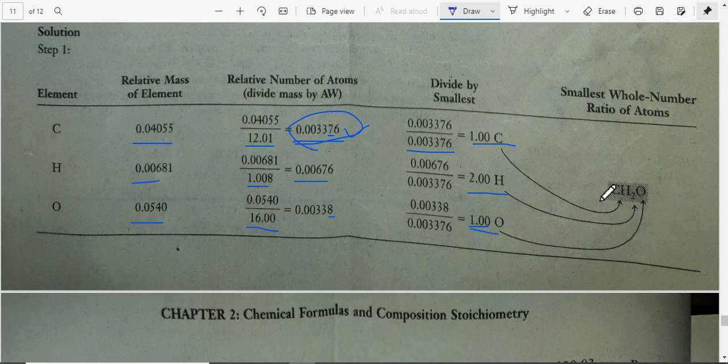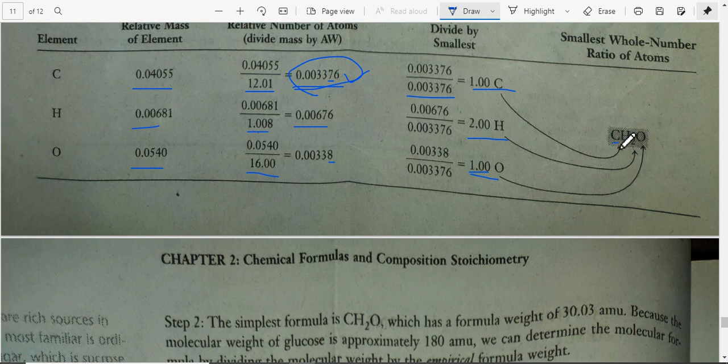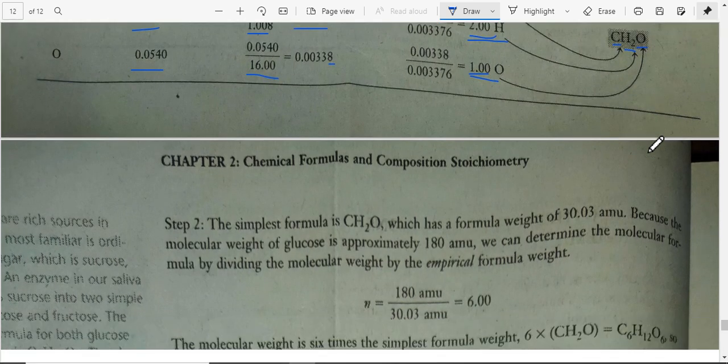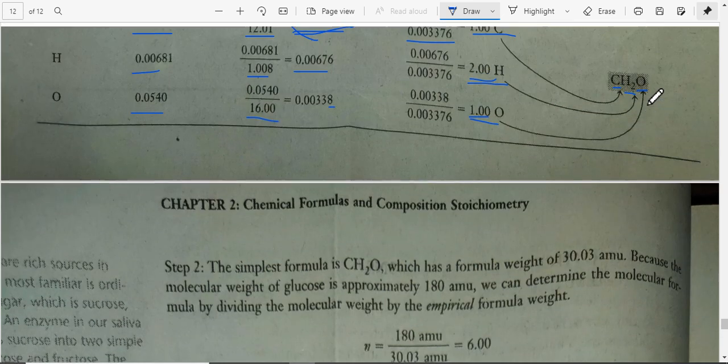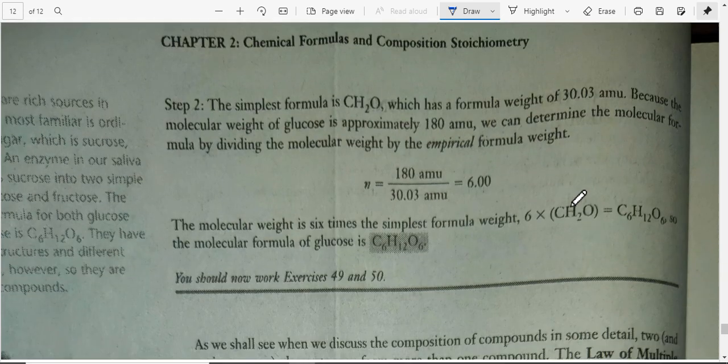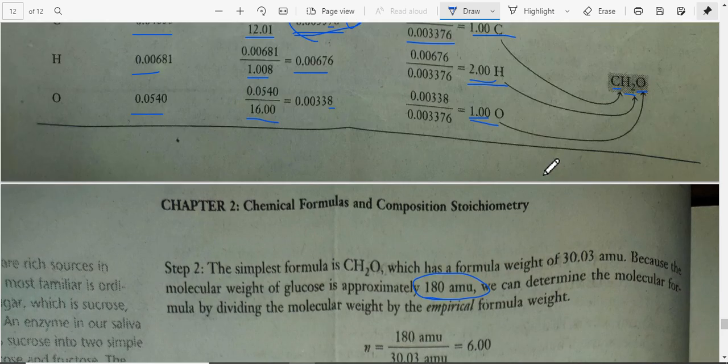Since they are all whole numbers, and you have oxygen as 1, you now know the simplest formula, CH2O. Next is to find the molecular formula. What is the formula for the molecular formula? The total divided by the total of your simplest formula.